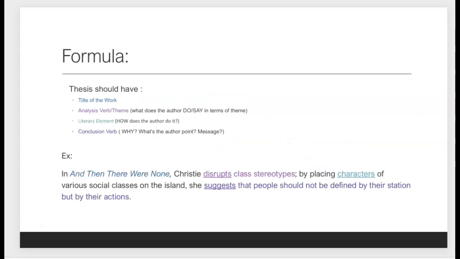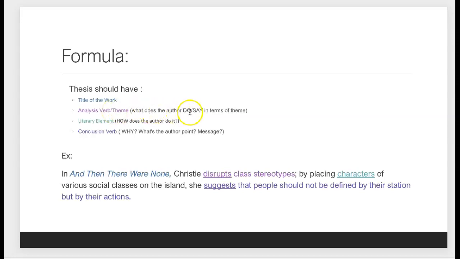So there's a formula, and at the risk of sounding like a math class again, your thesis statement should have these various different elements that will help give you the topic, your stance, and your so what. You have to have the title of the work, some sort of analysis verb that ties to a theme.